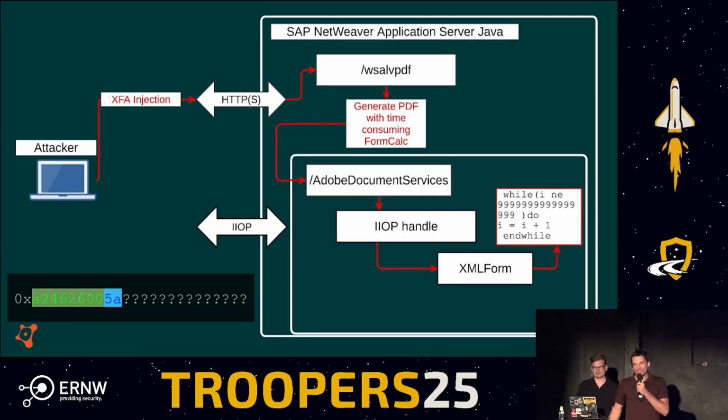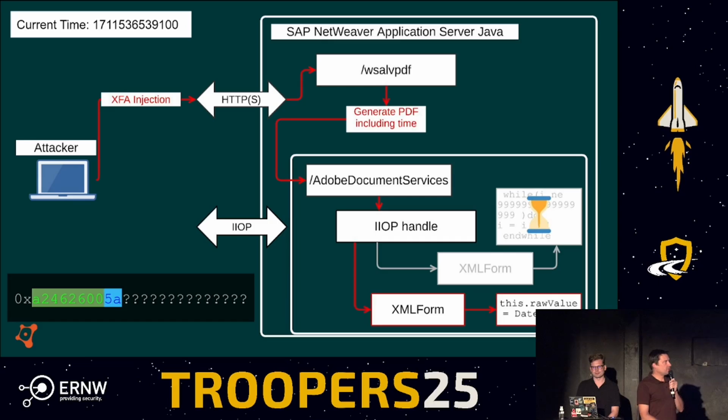So back again to the XFA injection, and to the fact that we are able to make the first XML form busy. But for the second one, instead of sending a normal XML form, we send another injection. In this second injection, we ask for the date.